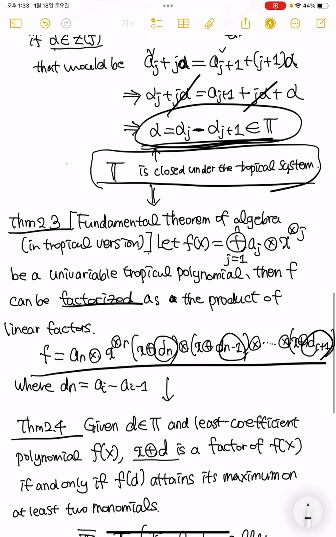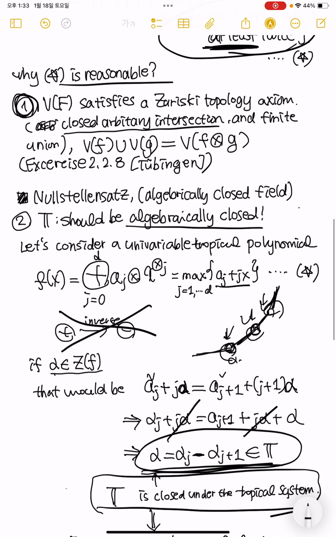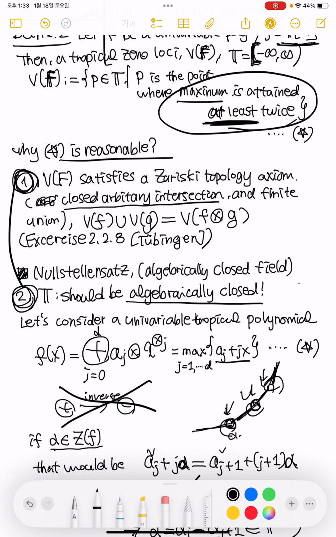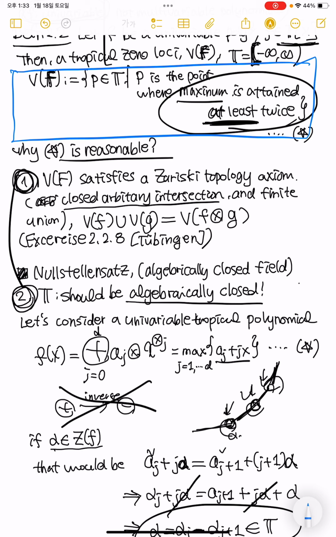So we can define why the following definition is reasonable as a tropical zero locus.